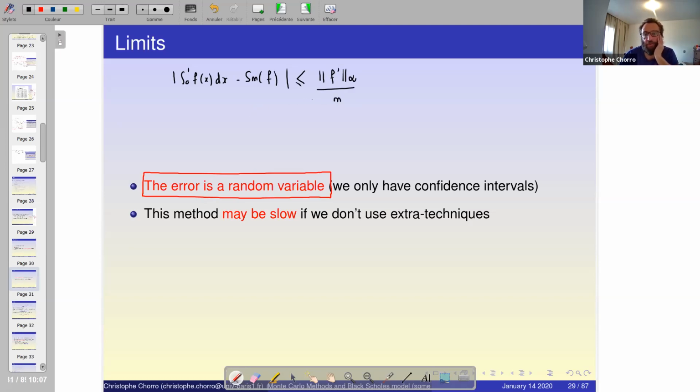Here you have a deterministic bound, so whatever happens, you are sure that this inequality is fulfilled.